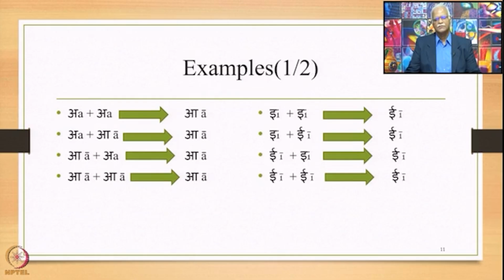Now let us study the examples of Akasavarne Dirghaha, and these are the template examples. So on this slide, 8 such templates are presented, where we have a followed by a.